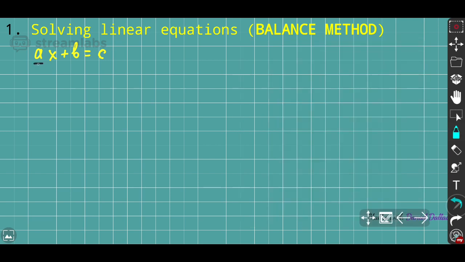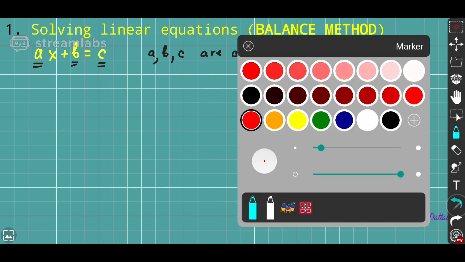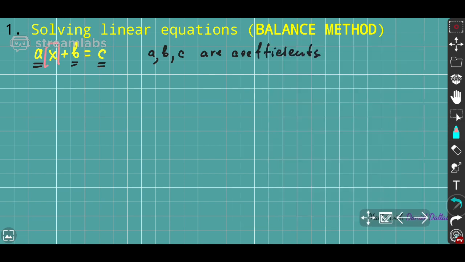We have a, b and c; they are just numbers. They're coefficients. And x is the target variable that you actually need to find.